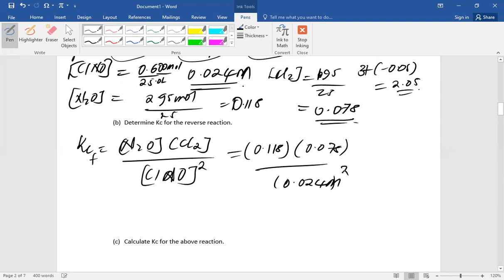So this is squared. So we have 0.118 times 0.078 divided by 0.024.